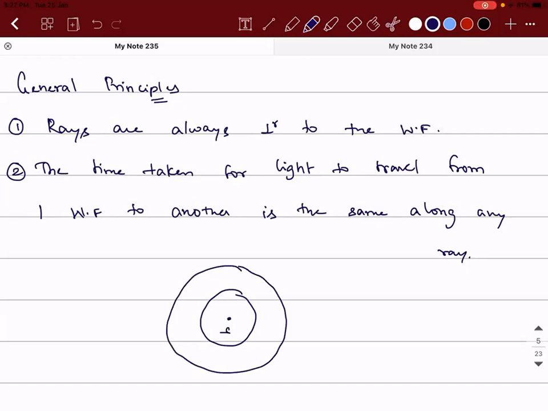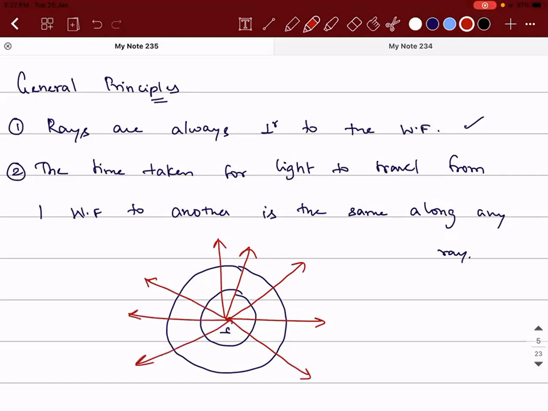Sometimes they'll give you the wavefront and ask you what the source is. Sometimes they'll give you the source and ask you what the wavefront is. Or they can give you the source and wavefront and ask you to draw the ray. At that point, you should know how this ray is supposed to be drawn. We know that rays are always perpendicular to the wavefronts. And the second most important point is that the time taken for the light to travel from one wavefront to another is the same along any ray. So when you draw these rays perpendicular to the wavefront, what is going to happen?